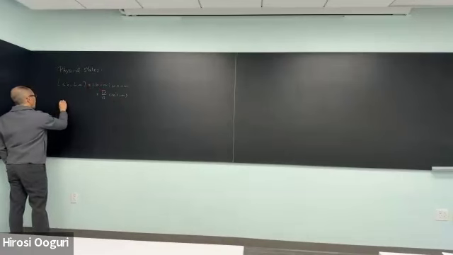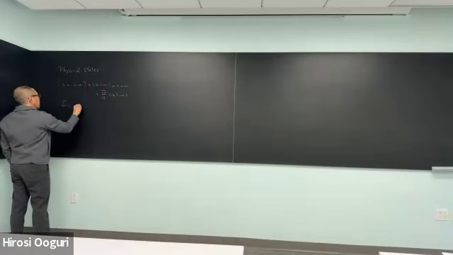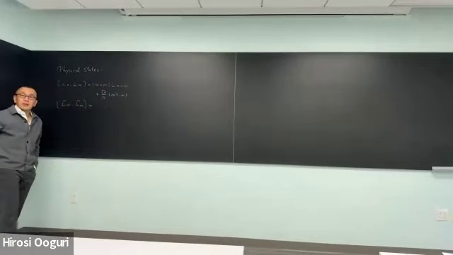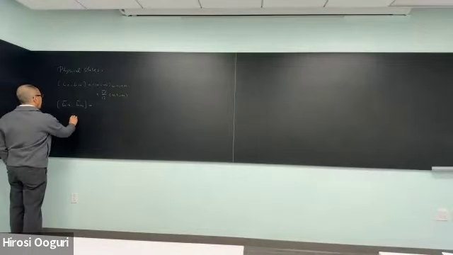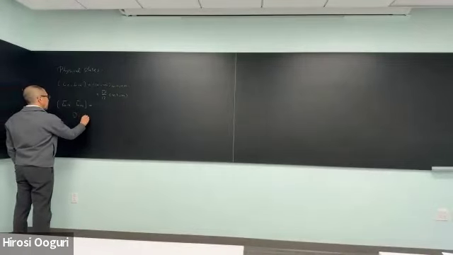And then there is also L bar acting on the left mover with the same commutation relations. D is the space-time dimension.